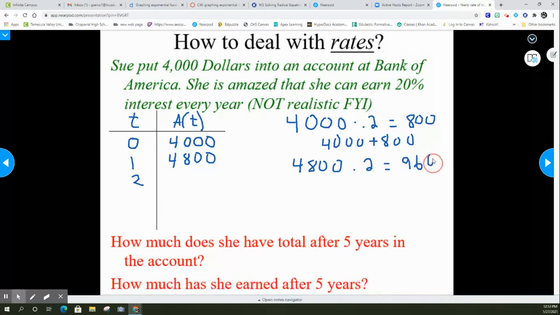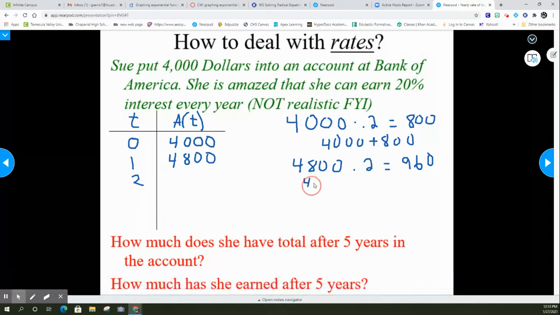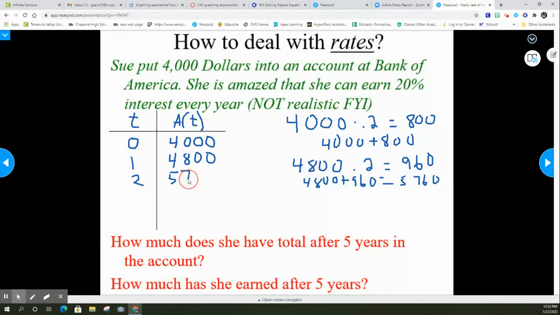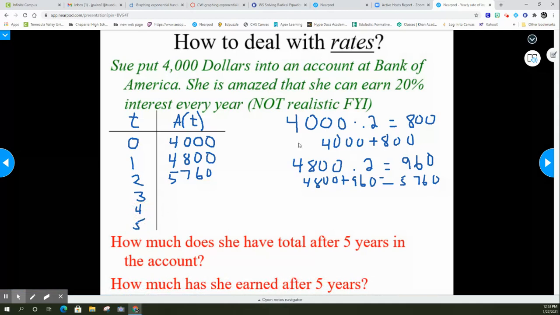Well, she's going to earn 960 bucks, so we add 4,800 plus 960, and we get 5,760. We could keep doing that until, I mean, this one only wants 5 years, so we'd have to do it 3 more times.